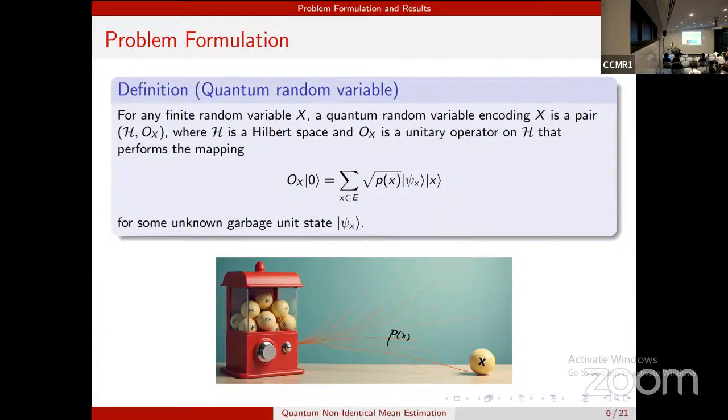Maybe we have some other problems, and they may call this mean estimation problem as a subroutine. And in this algorithm, we may construct some unitary to build this distribution. However, in this process, we cannot just calculate this distribution for free. It always requires some calculation. So phi-x here is always for the calculation, for storing some data, and for other things. Okay, thank you.